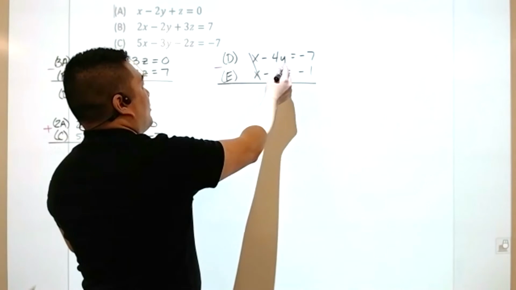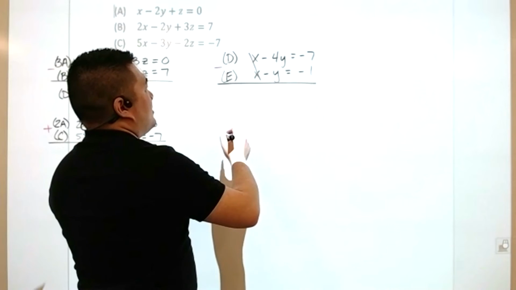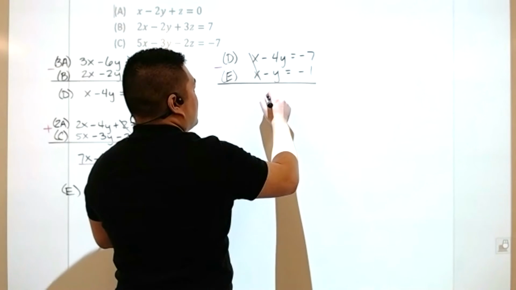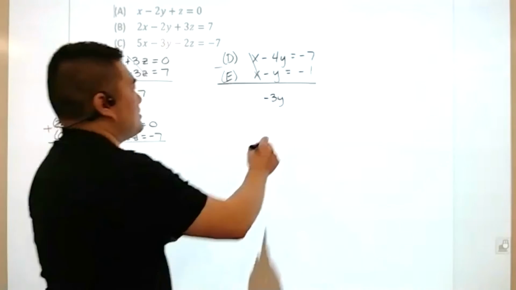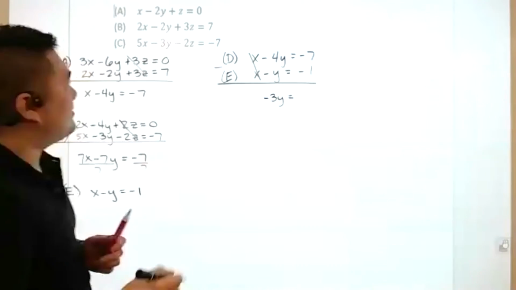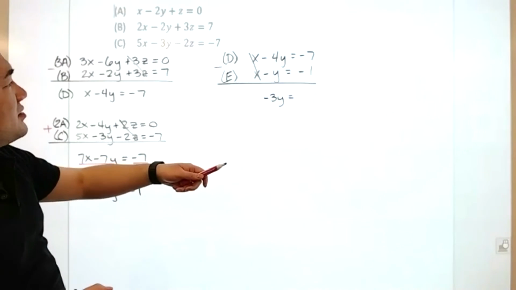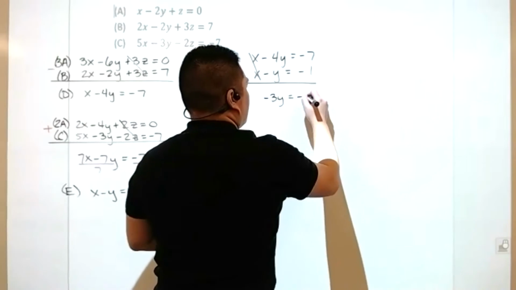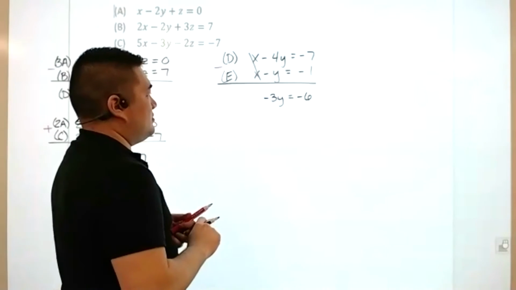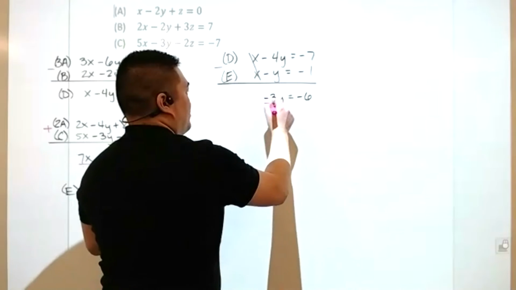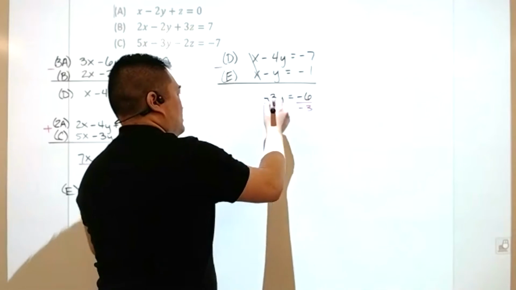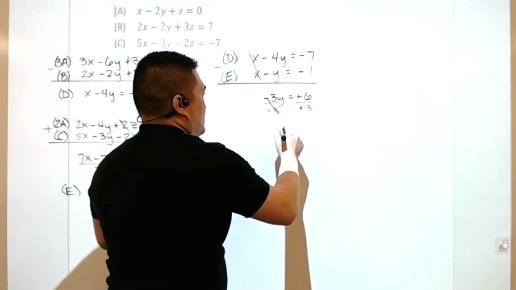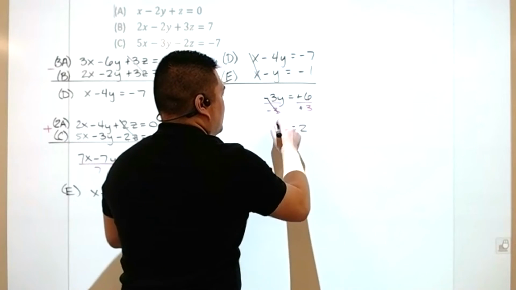Okay, negative 4y minus negative y. That's going to be negative 3y equals negative 7 minus negative 1. It's going to make negative 6. Divide both sides by negative 3, and I get y equals 2.